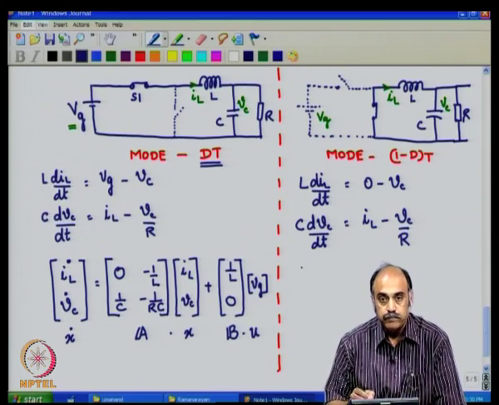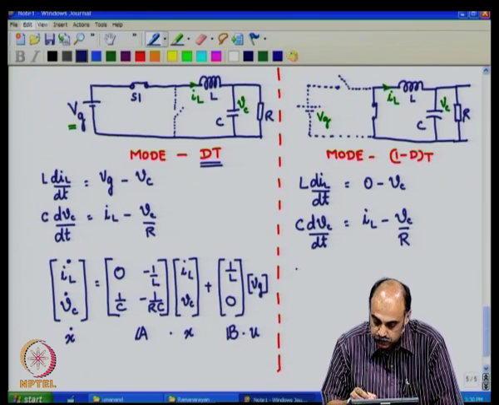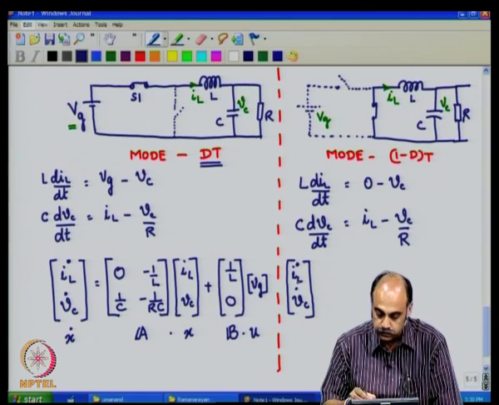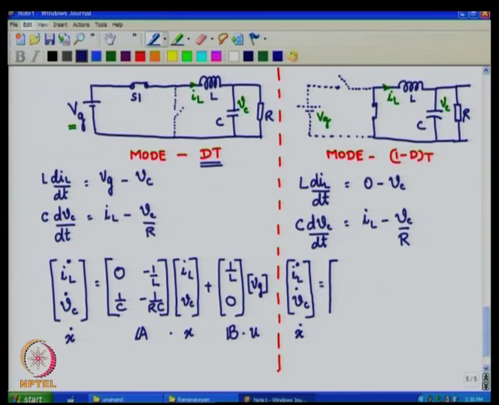segment of the circuit which is operative in the mode where the duty cycle is dT, the time period is dT. Likewise, similarly, for the mode where the period of operation is 1 minus dT, we write down the state equation in a similar manner. You have IL dot, Vc dot, the derivatives, nothing but x dot, that is equal to a state characteristic matrix multiplied by the state vector x.